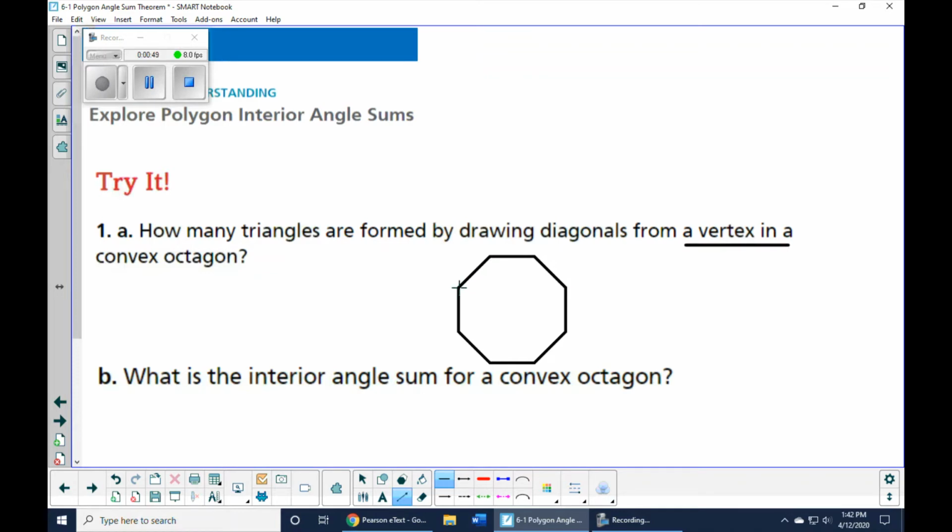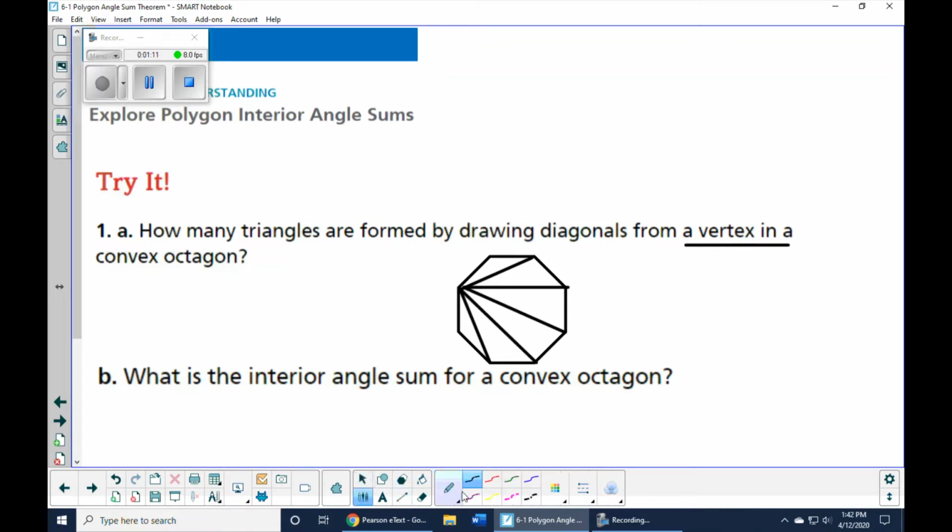Let's start in this corner right here. I'm going to make a diagonal, a straight line. Look, we have a triangle. I'm going to do another one. There's another triangle. Another triangle. Another triangle. And lastly, there's one last one that we can make.